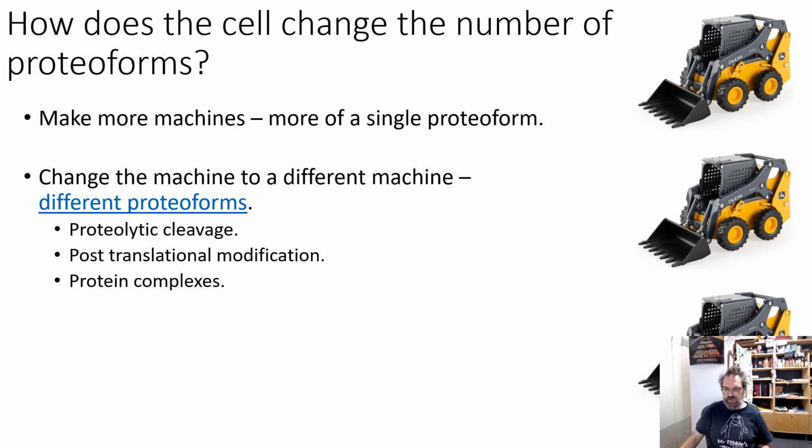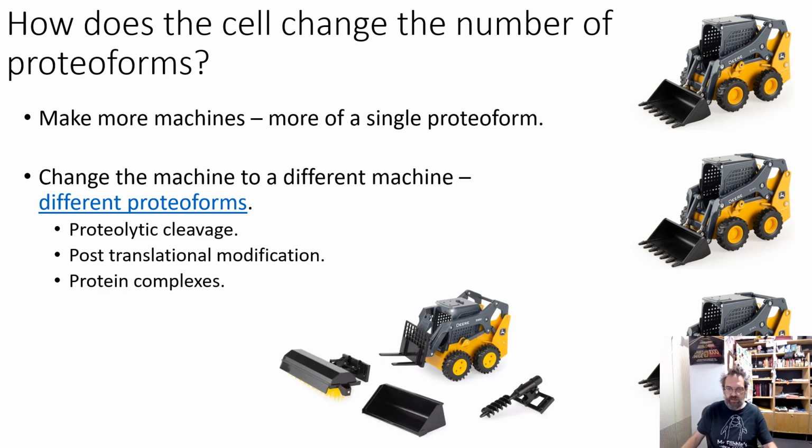The other way that we can do it is we can actually change the machine. So we can change the proteoform to a different proteoform. So in the analogy of our skid steer here, it's basically the same as putting different attachments on the front of our skid steer to achieve different tasks. And we can do that with proteoforms that are already existing in the sample.